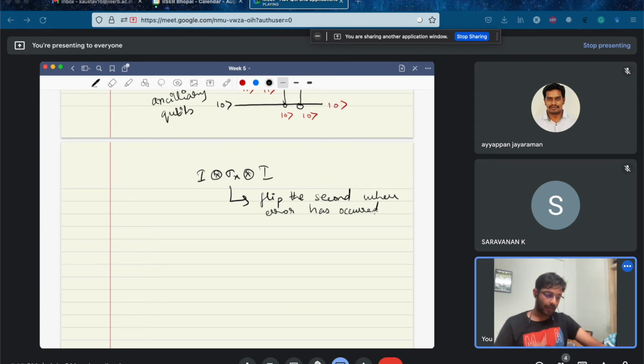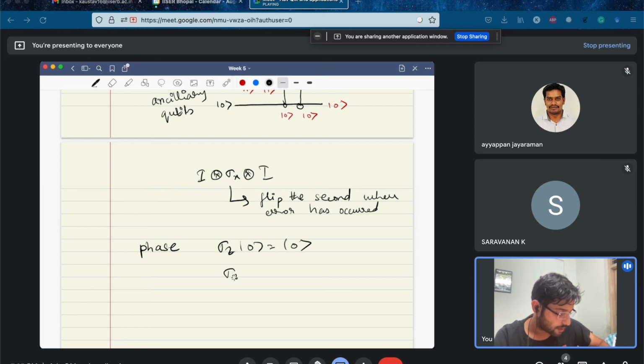Okay, now, till this, it is more like, in the classical sense, you have the same bit flips happening, but something that is exclusive to quantum information or quantum computing is the phase flip. So you have seen the sigma z operation: when you have sigma z on 0, you get 0.